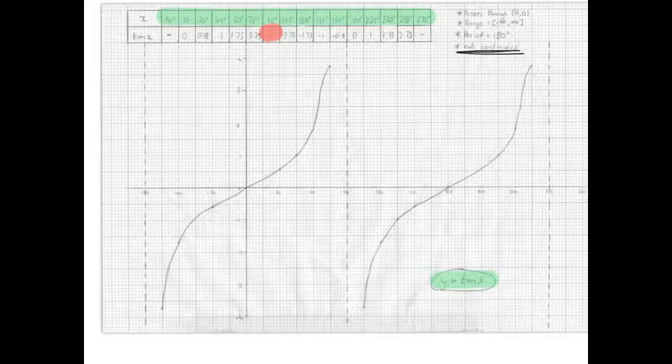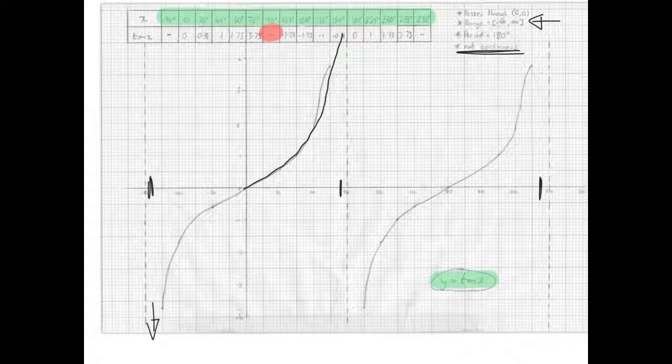So the graph of tan will have a range of minus infinity to infinity, because tan will get closer and closer and closer to these lines, but it will never ever touch them. If you tried tan of an angle very close to 90, you would get a very large value, and likewise for 270 and minus 90, the value would be very large, either negative or positive.